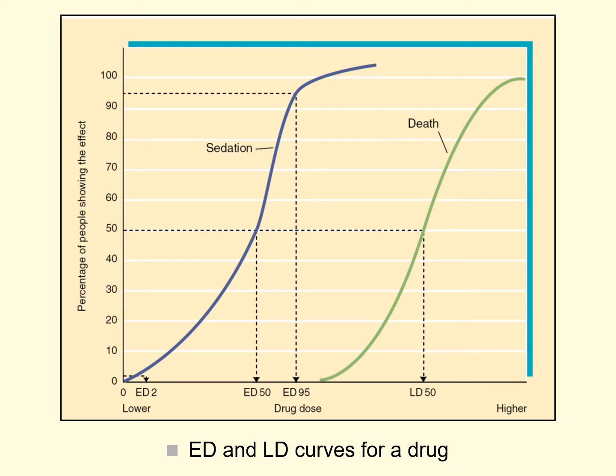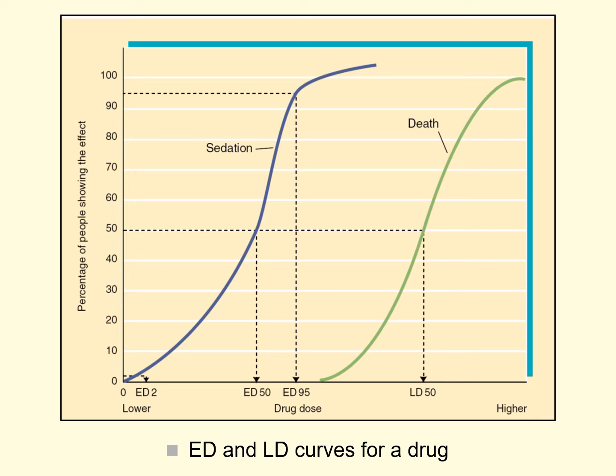So now we're looking at the LD curve, that's the green line, and we could imagine we're walking along the x-axis, the area under that green curve, and you can see that somewhere a little bit to the right of where ED 95 is, there's some point at which we could write ED 100, a dose at which 100% of the people get the desired effect.